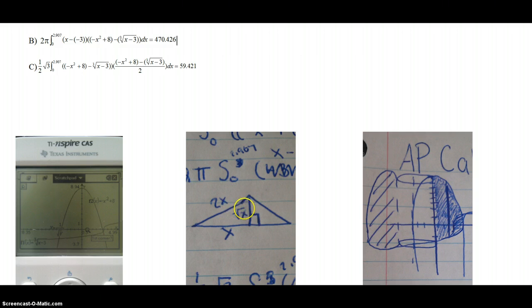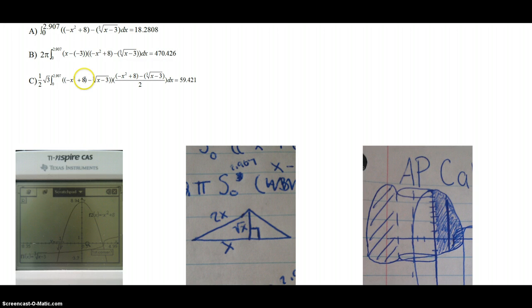So you know x because, since you have the base, which is 2x, you can find x by dividing what you just used for the base by 2, and that would give you x.